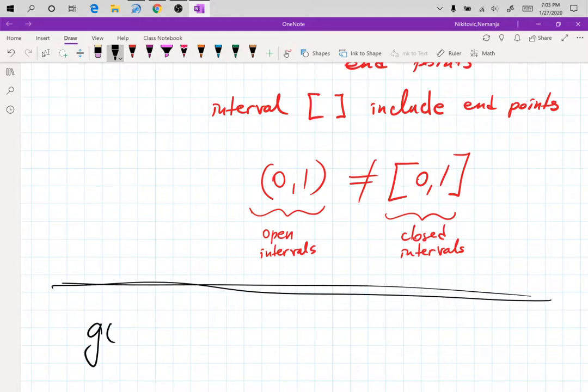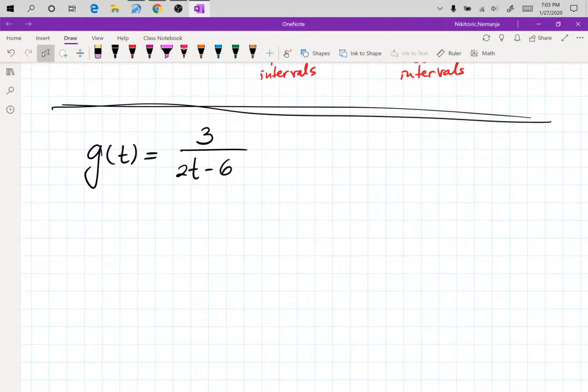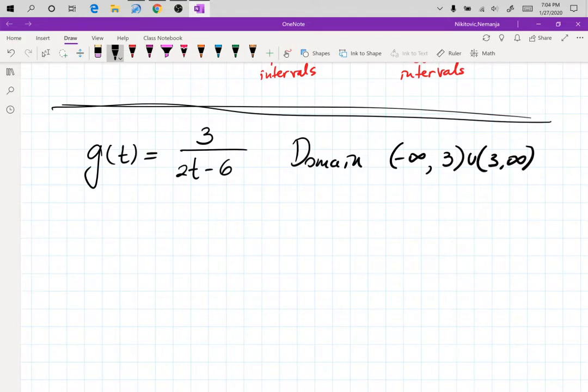Say g of t is equal to 3 divided by 2t minus 6. Is there a value that could ruin our day there? Number 3. Very good. So our domain is all numbers from negative infinity to 3 union 3 to infinity.